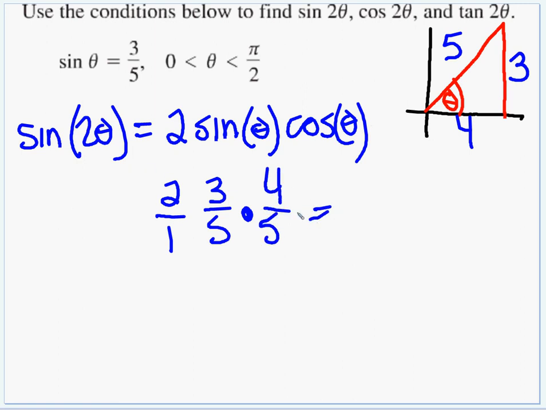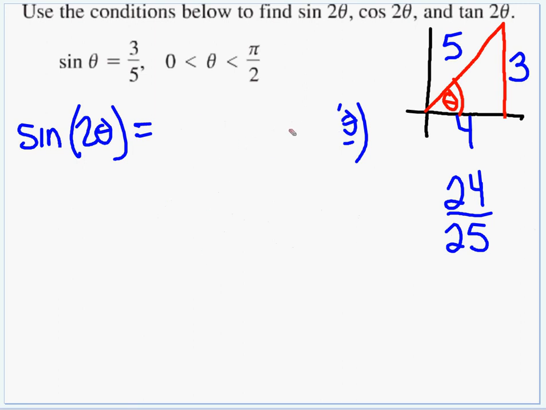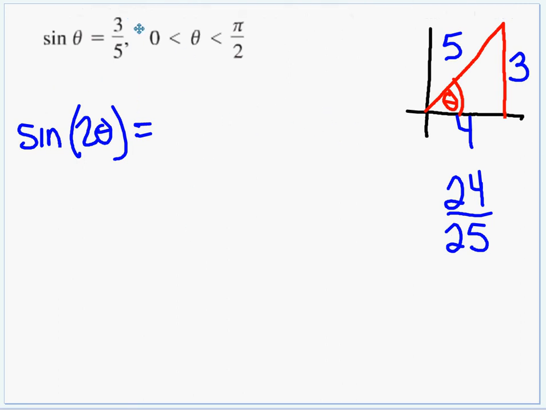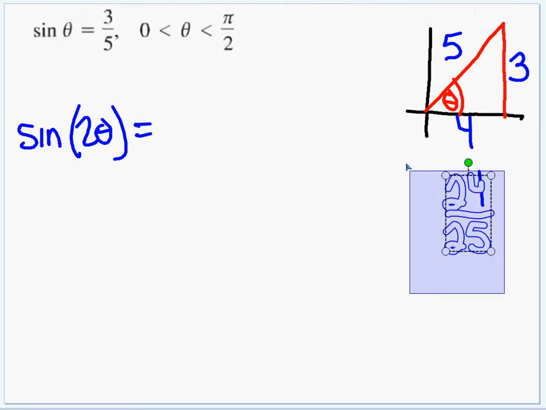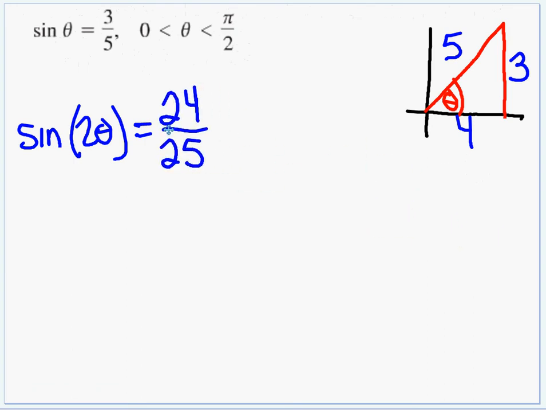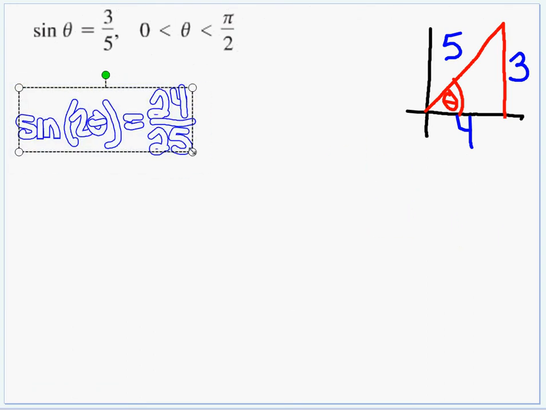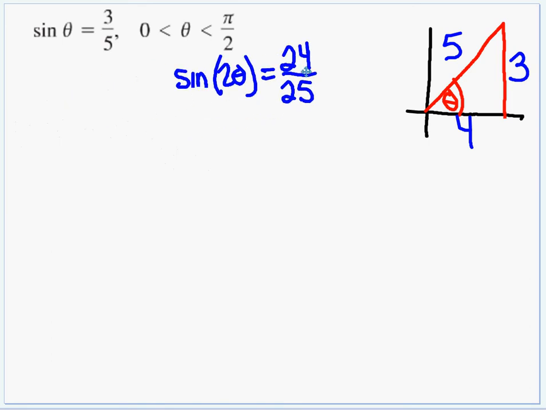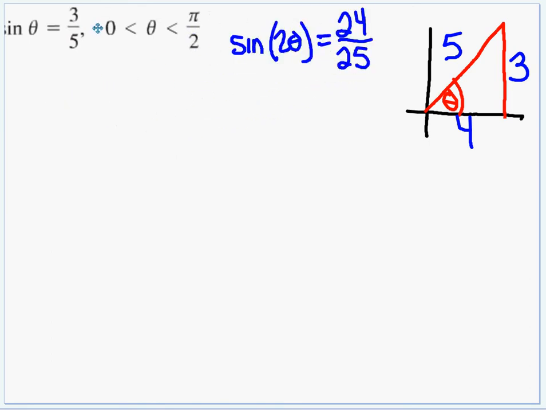And if we multiply straight across, we get a 12 times 2. That's a 24. Over 5 times 5 is 25. So there is the sine of our double. Put that right about here. And I think we can shrink it up a little bit. There we go.